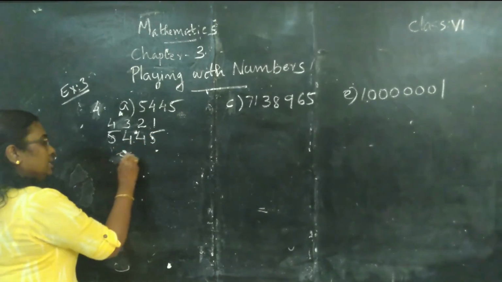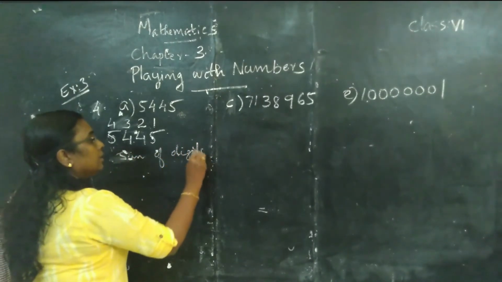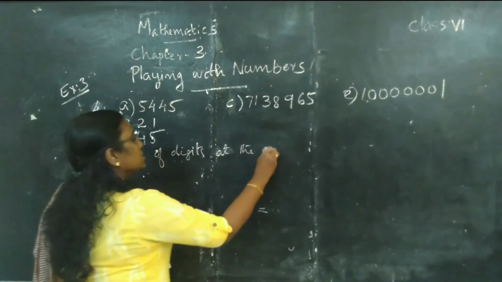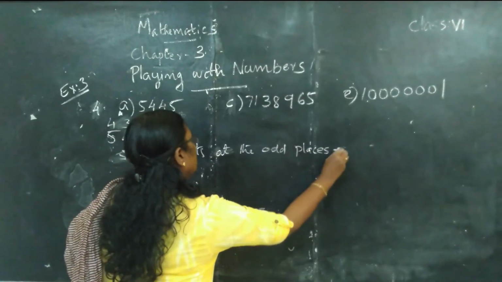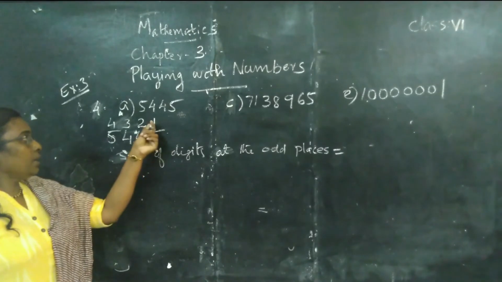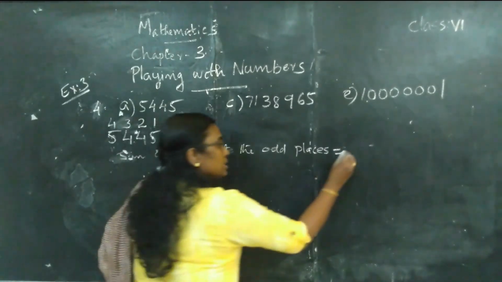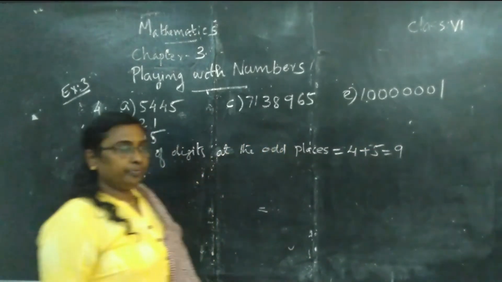Then find the sum of digits at the odd places. The odd places are 1 and 3, and the digits at the odd places are 5 and 4. So the sum is 4 plus 5 equal to 9.